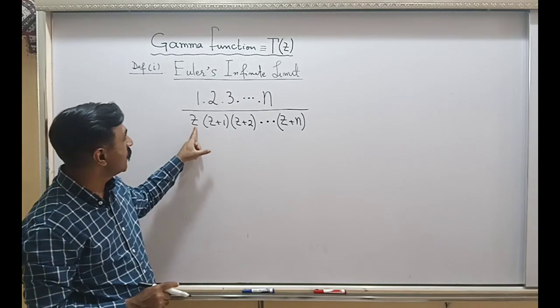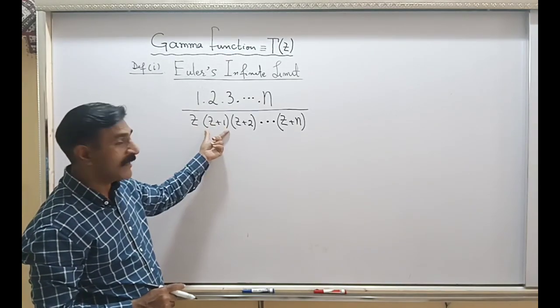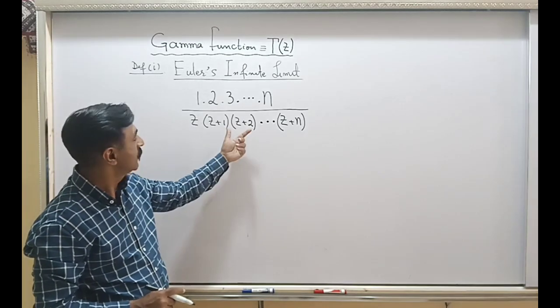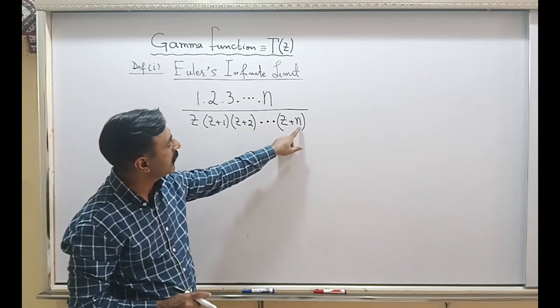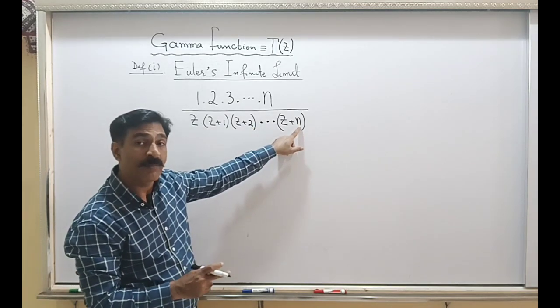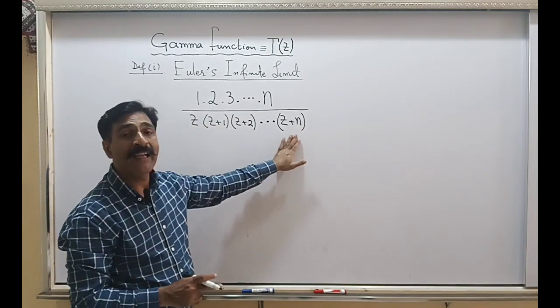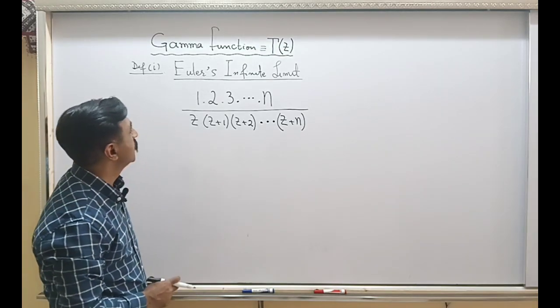Look again, this is the first factor, and z plus 1 is the second factor. This is the third factor. This whole is third factor and it includes 2. And this factor includes n, so it will be n plus 1 factor. So there is a total of n plus 1 number of factors in the denominator.